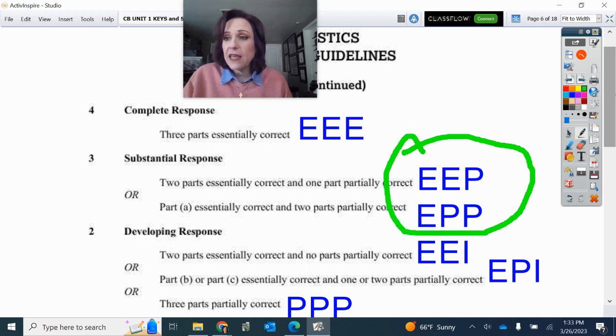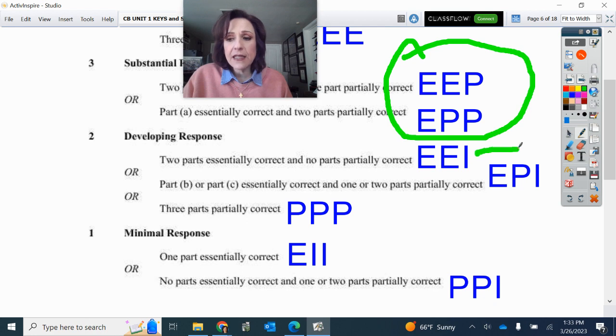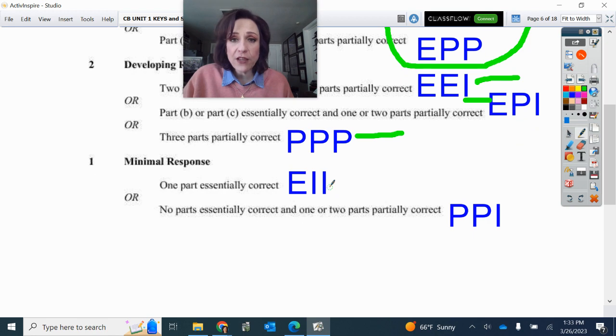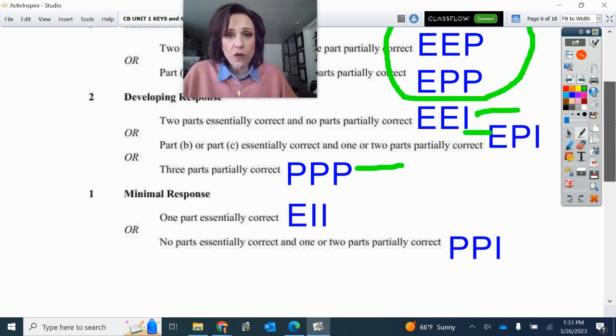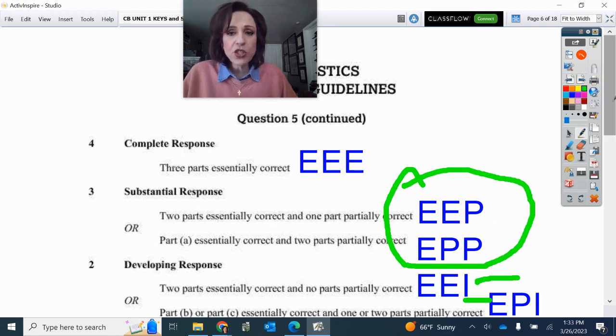If you got EEI, EPI, or all 3 were partially correct, you got 2 points. That's considered a developing response, which is still strong and still could give you a good score on the exam, depending on how you did on the rest. And a minimal, so at least pulling out 1 point on this, you get an E or PPI. If you did not have any of those, you got a 0 on that free response and it did not contribute to your overall score.